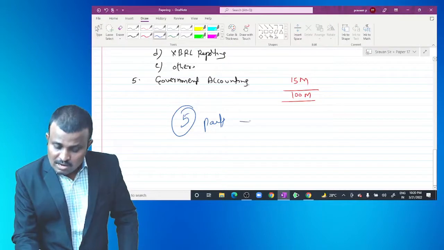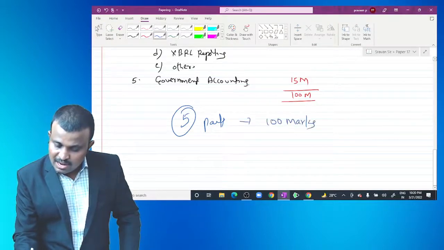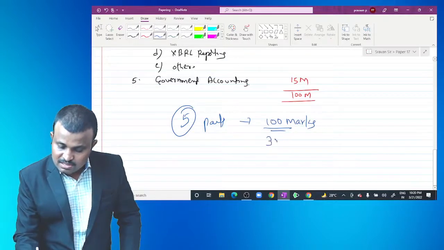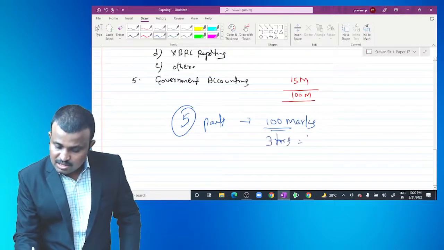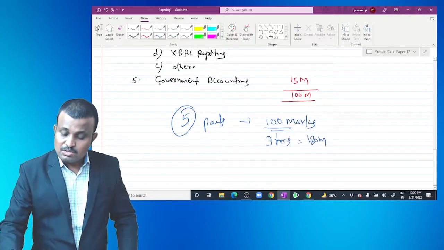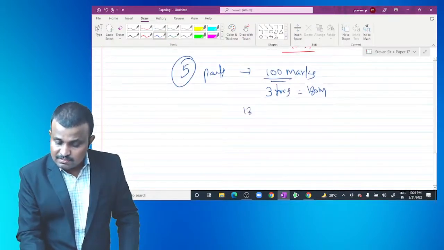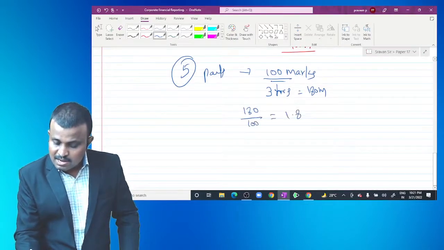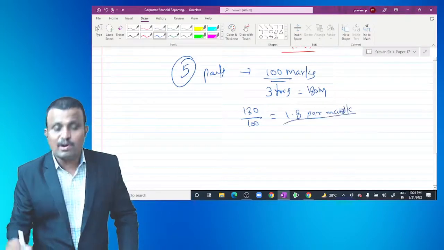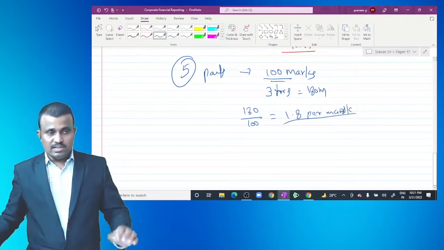So the overall paper is for 100 marks and the time is 3 hours, nothing but 180 minutes. So we have to plan in such a way. Per mark we have 1.8 minutes.